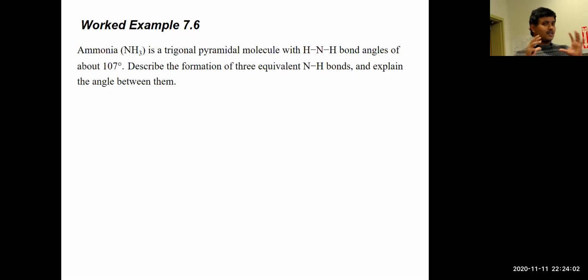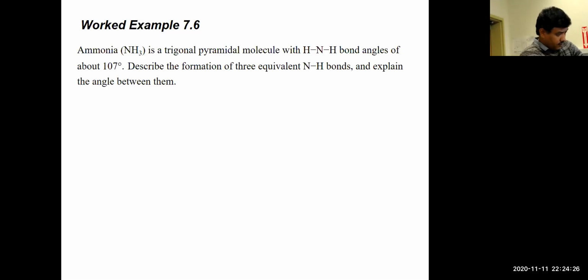So there is something that you need to pay attention to. I guess I'm too excited here, so I'm going to slow down a little bit when I talk. The question is asking, how do you explain the bond angle of 107 in NH3 where it is only forming 3 bonds? How do you explain it according to hybridization?